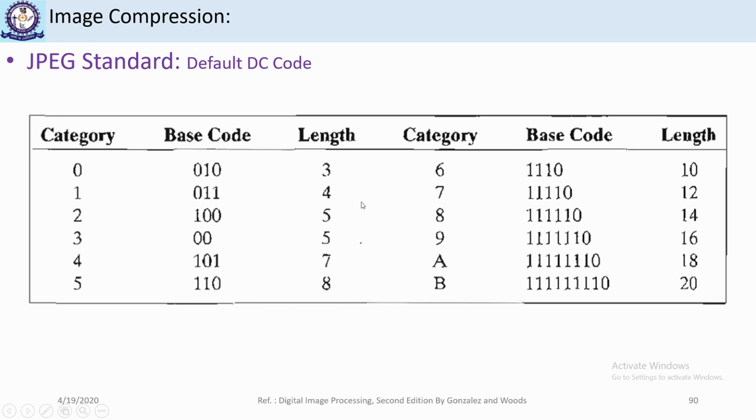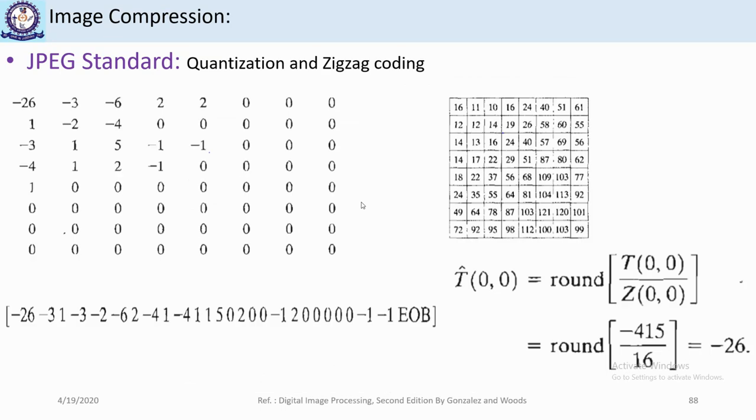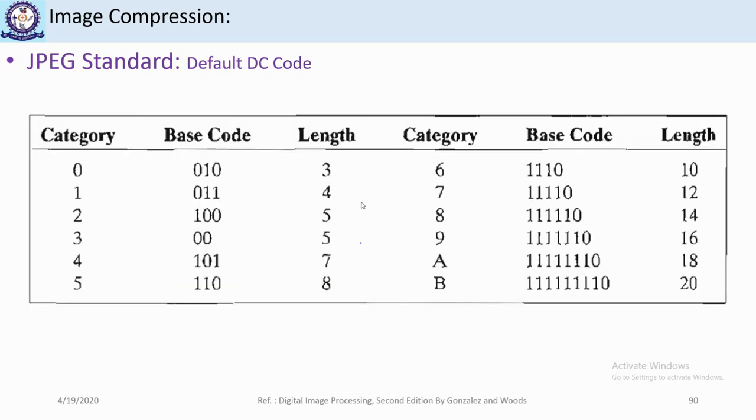That is given. We will use this table to code the DC coefficients of the quantized 1D array we got after the zigzag coding. How we use this table, we will understand while coding coefficients like minus 26, minus 3, 1.